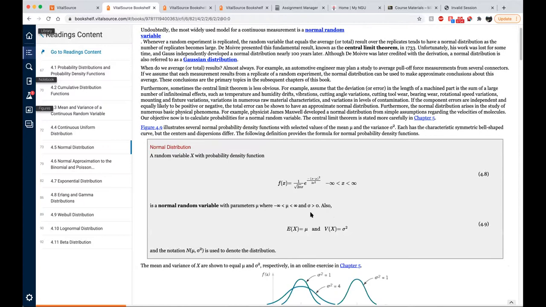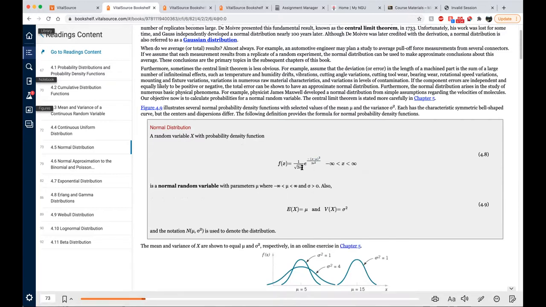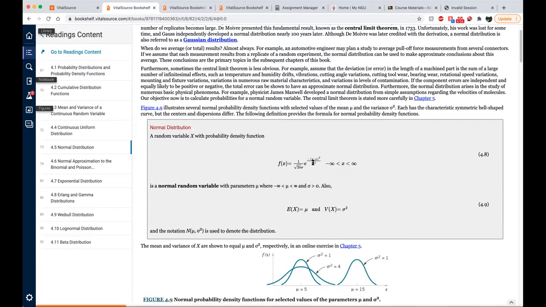The expected value of X is mu, and the variance is sigma squared. Here mu is the actual expected value, and sigma is the standard deviation. Again, sigma squared is the variance. The normal distribution can also be written as N(mu, sigma squared), where N is just the initial of normal distribution.